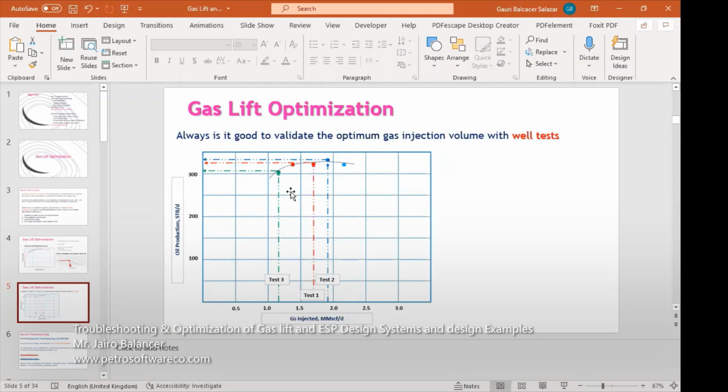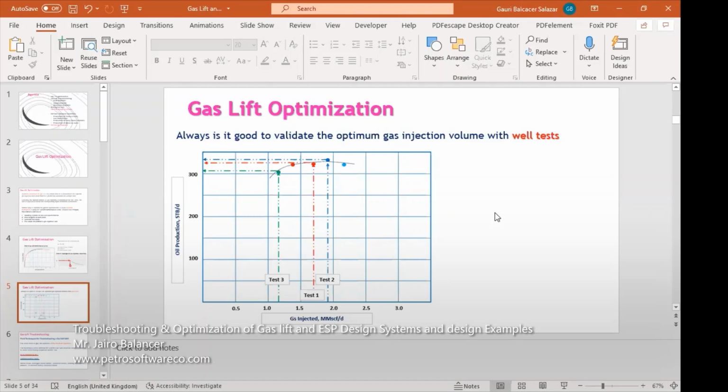So we are plotting here gas injection and oil production for different tests. Right here we have 3 or 4 tests run in that case, and in that way we get the performance curve. So this is again by well test. This is a recommended procedure.